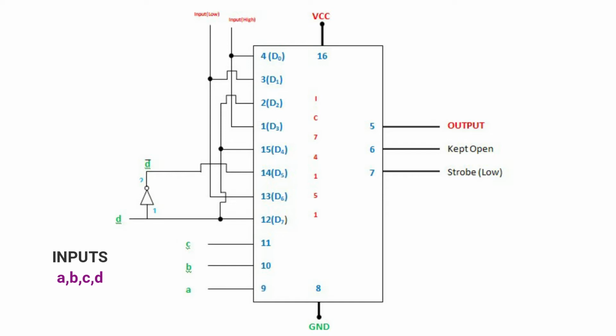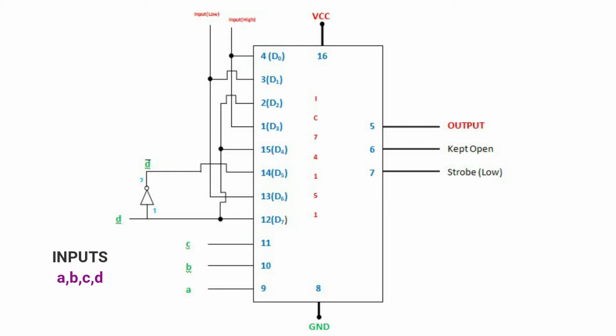The pin number 1 of the NOT gate is connected as another input D, and it is connected to pin number 12, and the output of this NOT gate, which is pin number 2, is connected to pin number 14 of the 74151 IC.